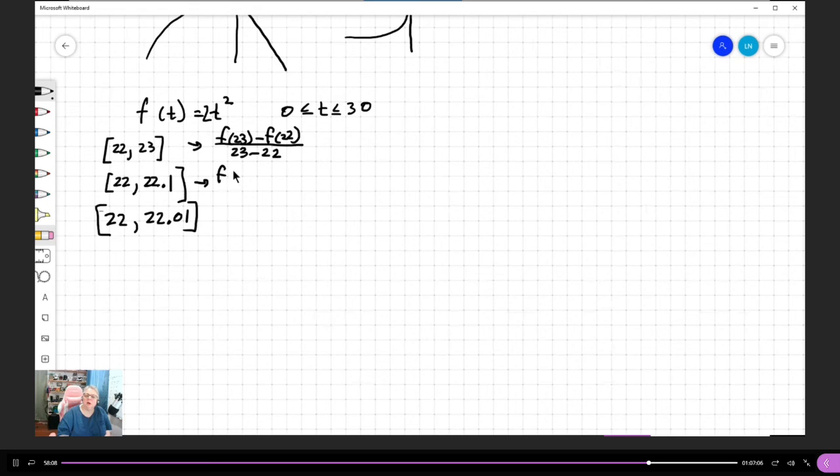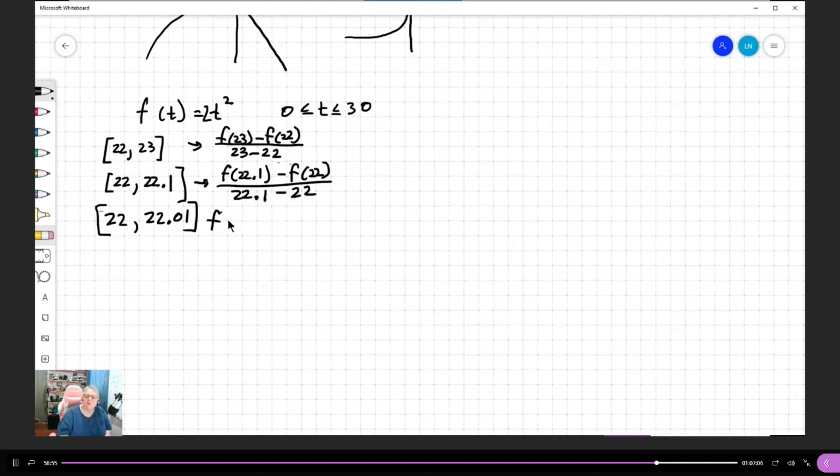The next one is going to be f of 22.1 minus f of 22 over 22.1 minus 22.